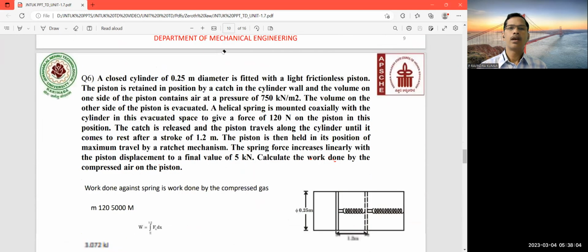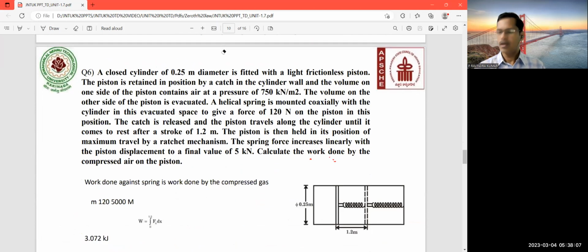Next, there is another problem. In this problem, a closed cylinder of 0.25 meter diameter is fitted with a light frictionless piston. The piston is retained in position by a catch in the cylinder wall, and the volume on one side of the piston contains air at a pressure of 750 kilonewton per meter square.